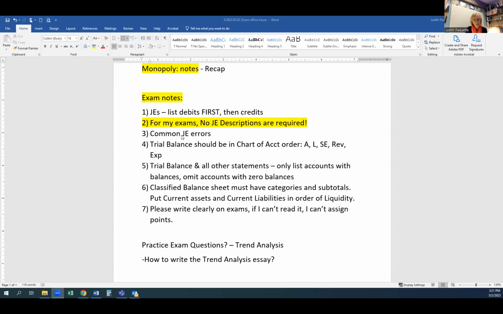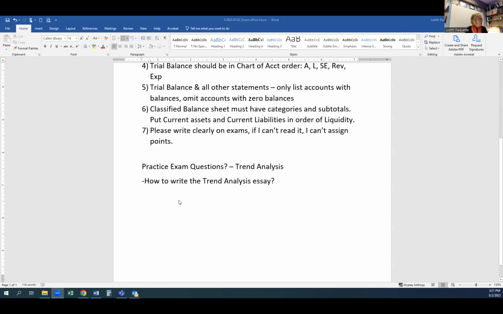Common journal entry errors are that instead of putting advertising expense, you just write advertising. Okay. Don't abbreviate. You can abbreviate if it's really clear. If you want to do something like that, I'll know what you mean.